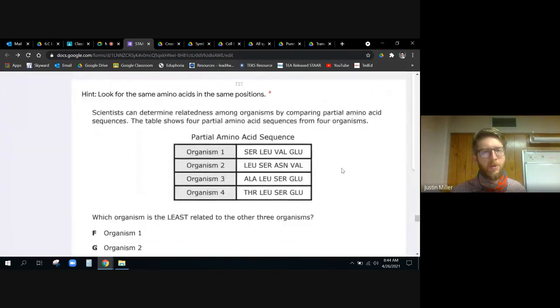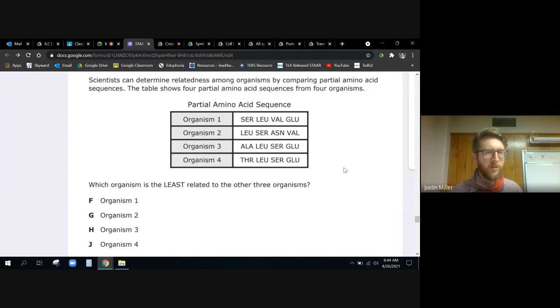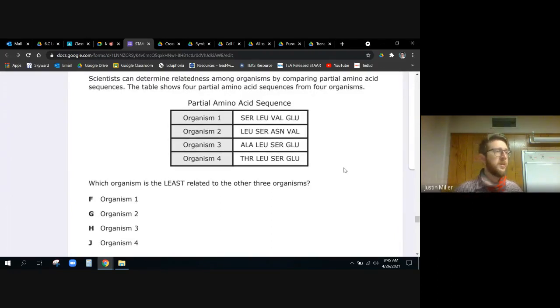You might remember this question. This is something that we talked about recently in Unit 11 with evolution, when we were talking about comparing DNA. So this question gives you an amino acid sequence for 4 different organisms, organism 1, 2, 3, and 4. Remember, amino acids make proteins, but what has the instructions on which proteins and how to make them?